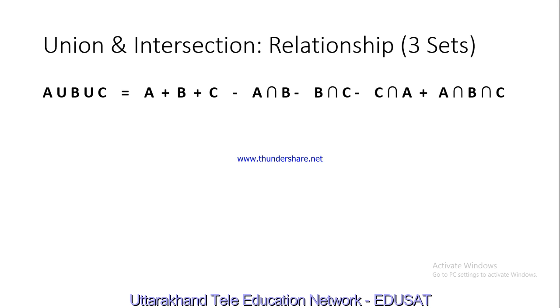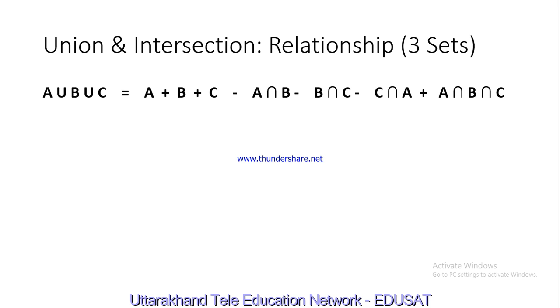Likewise here, three such terms will be subtracted from A plus B plus C, and they will all be intersections of two sets taken at a time. So A intersection B, minus B intersection C, and minus C intersection A. But the only difference now is that you also have to add up the intersection of all the sets, A intersection B intersection C, and this is that portion which is common in all the sets.